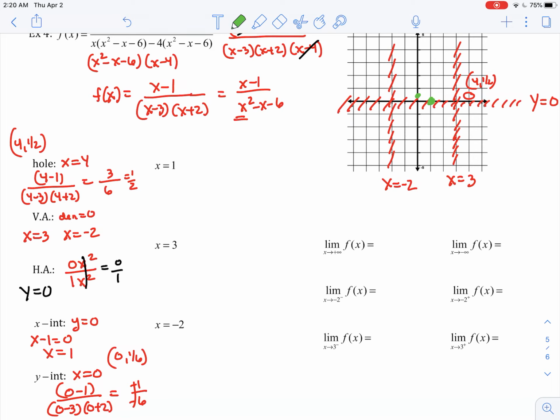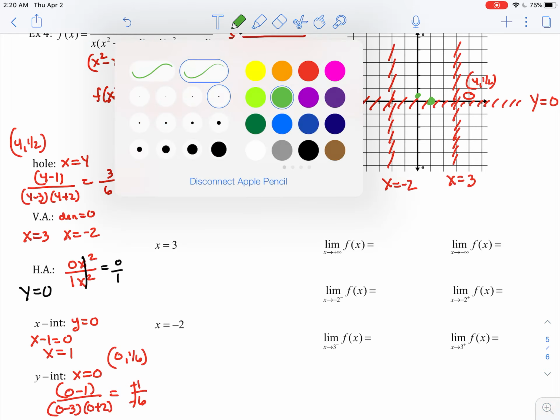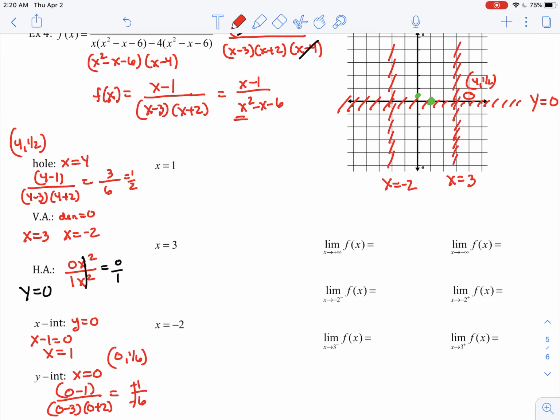And then recall, we're going to look at behaviors as we approach any vertical asymptotes and as we approach any x-intercepts. And we had an x-intercept at x equal to 1. And so we're going to leave that factor of x minus 1 alone, and we're going to take that value of 1 and plug it into the other x's where that 1 did not come from, our non-zero terms. And so 1 minus 3 and 1 plus 2.